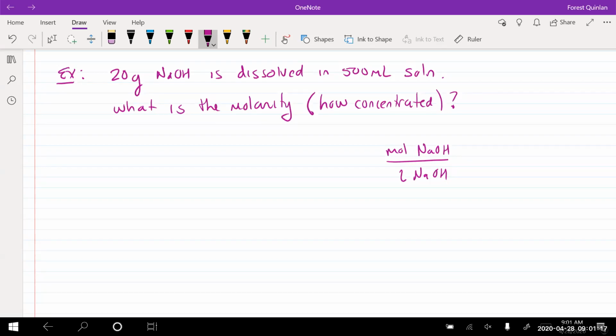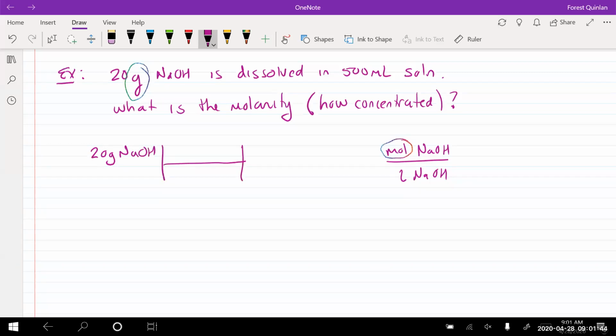And I ask myself, is there anything up there that looks like moles in our prompt? And hopefully you guys remember that mass and mole are exactly the same thing. We just have to go to the periodic table. So let's go ahead and start with those 20 grams. So we'll say 20 grams of NaOH.